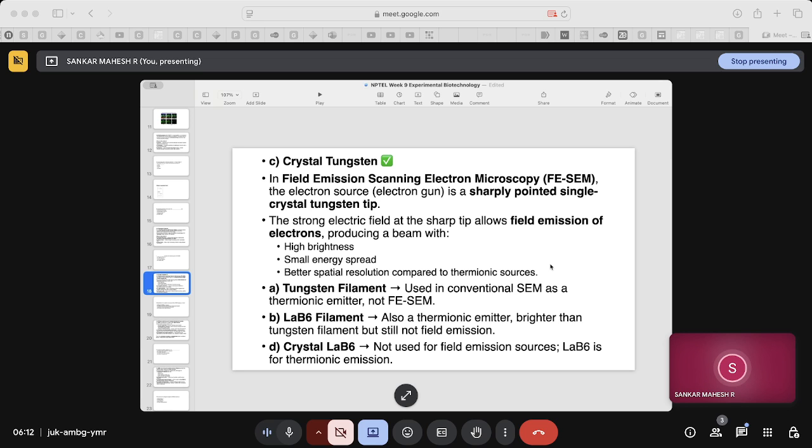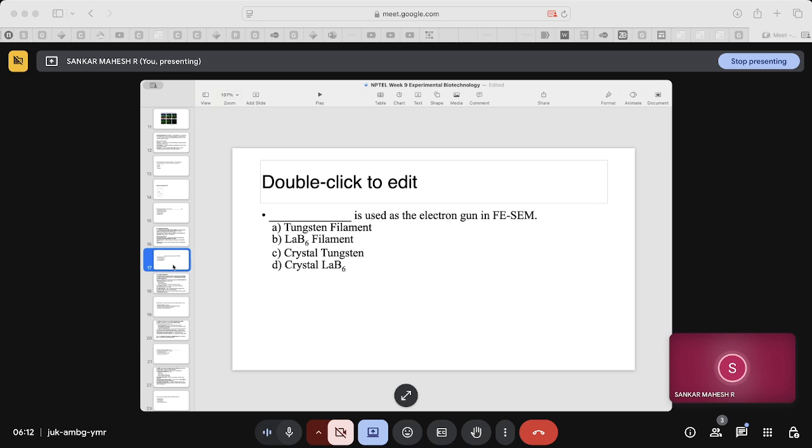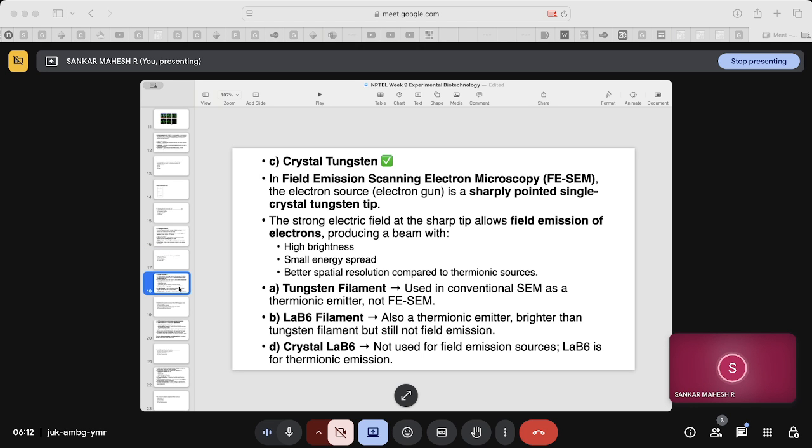Thermionic sources are what you saw here as the options, for example, LaB6 filament and tungsten filament. In these filaments, like how normally you would have seen in other filaments, you just pass current through it, so the heat is what helps you generate the electrons.